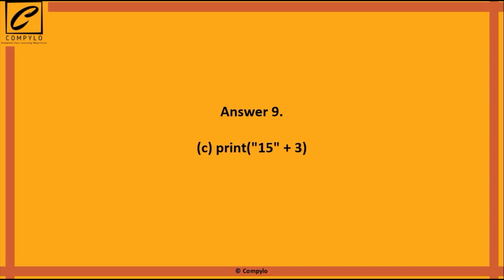For all other options, say if I take A, which is "A" multiplied by 3, it gives the output of AAA. Whereas option B, that is 5 * 3, gives an output of 15. However, option D, that is "15" + "13", gives 1513 as output because both are strings. Therefore, option C is correct here.